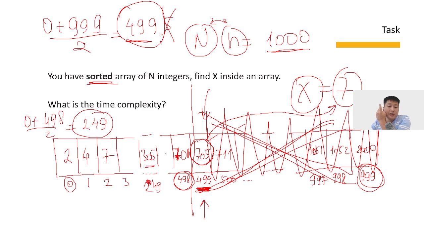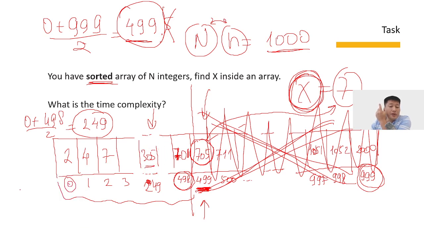Again we compare the number in the middle of the left half with our x. 305 is greater than our x, which is 7.